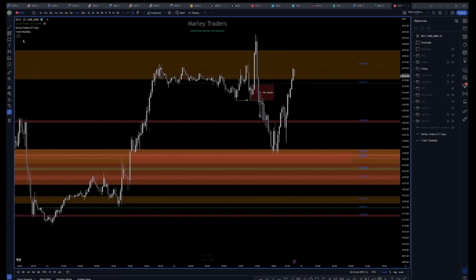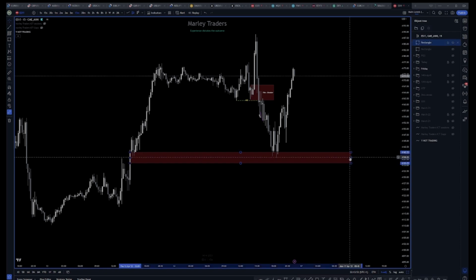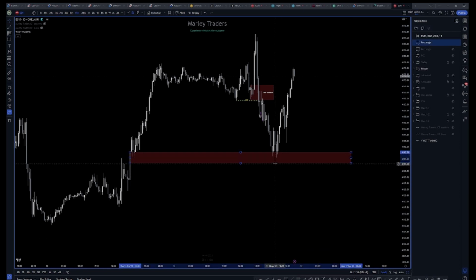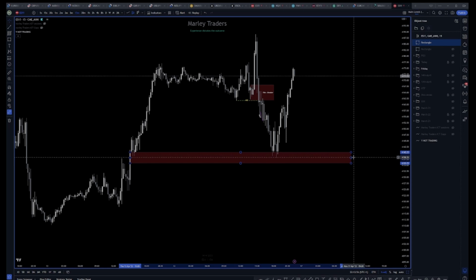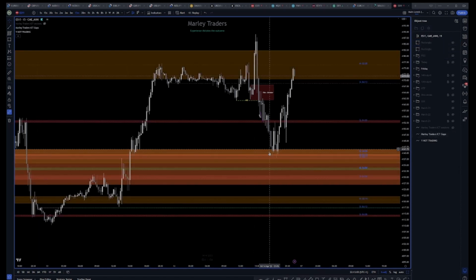So here, see what happened right here. Just take note of it. Just close it so you can see right here, right in here. It tapped into our gap indicator right here.